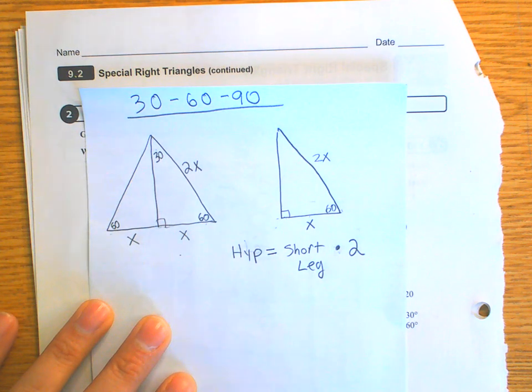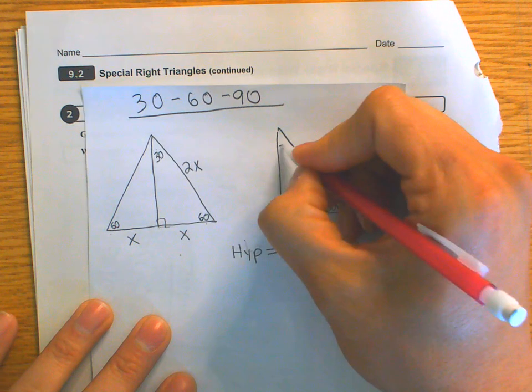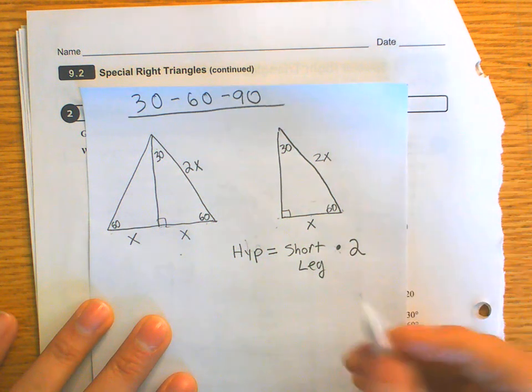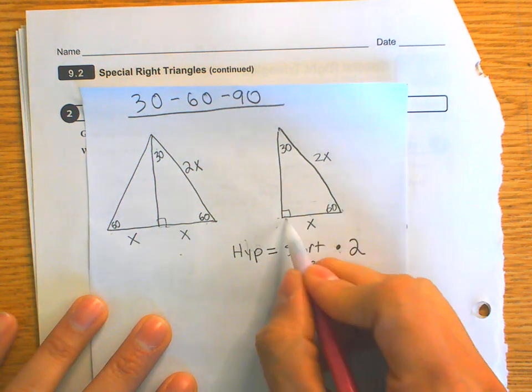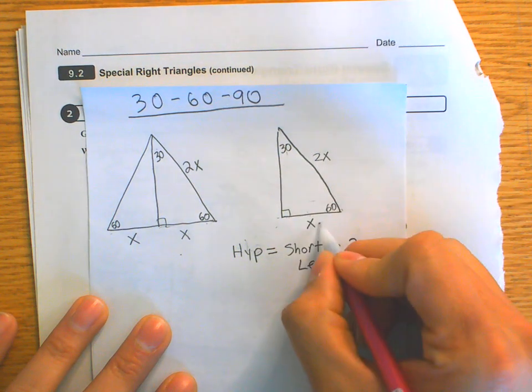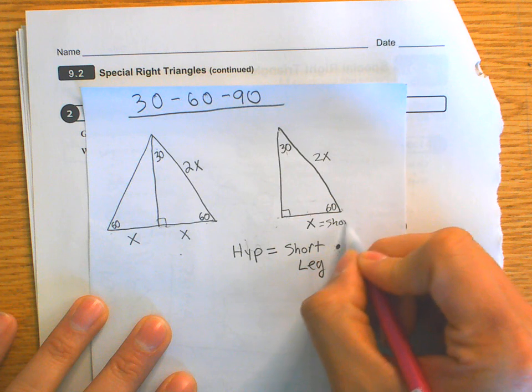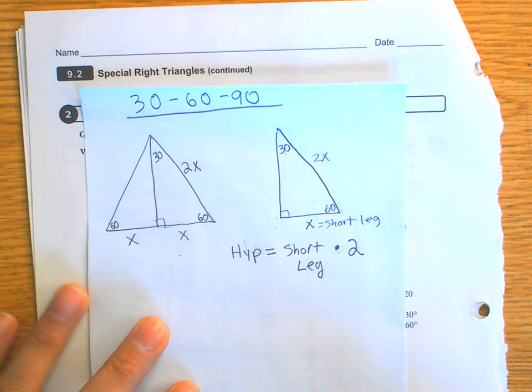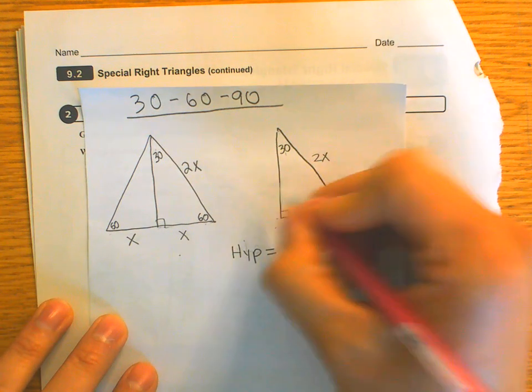Then let's see what's going to happen with the long leg. Now, we do know that this is 30 degrees. My goal is to figure out what my long leg is going to be, because the one right across from the 30 degrees represents the short leg. Therefore, the other one is going to be the long leg. Say that one is going to be b.